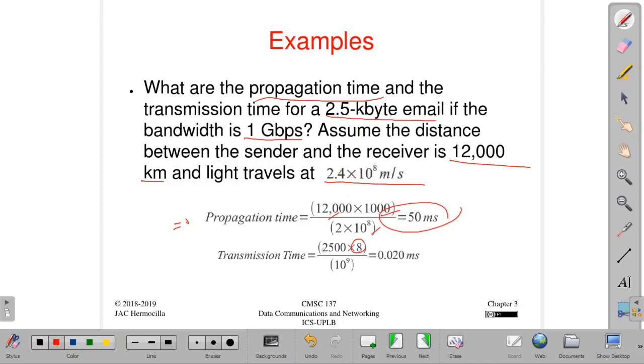And the bandwidth is in bits per second, so we have to convert this to bits. So 10 to the 9, and we get the transmission time of 0.020 milliseconds.